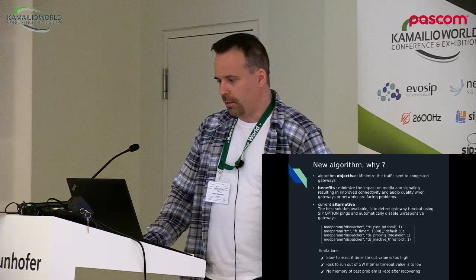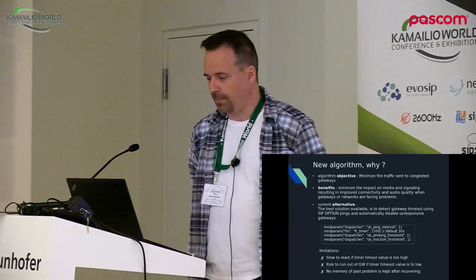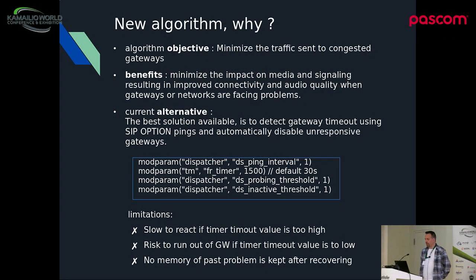Now, why do I think this new algorithm is valuable? The main objective is to avoid using gateways that are congested or that are likely to be congested. The benefit we get is that if these gateways are indeed congested, then not only will signaling be affected, as we'll have less time to fail over, but also the media. Many gateways, like Acme Packet SBC, most of them, handle media on the same box as signaling.